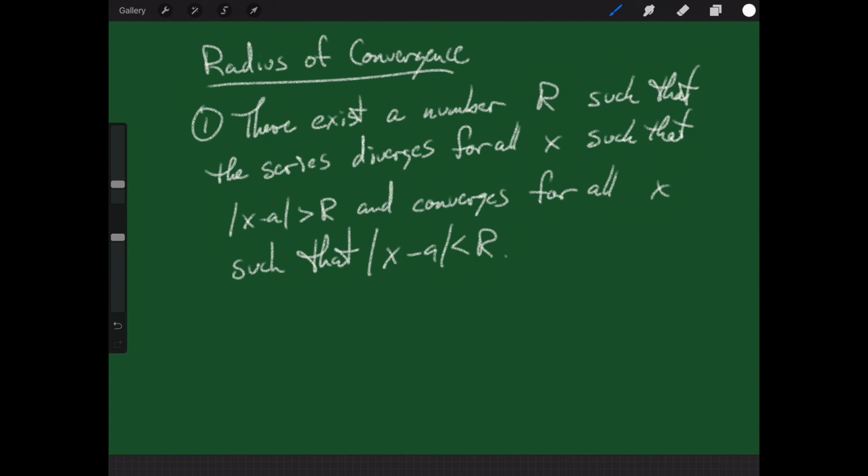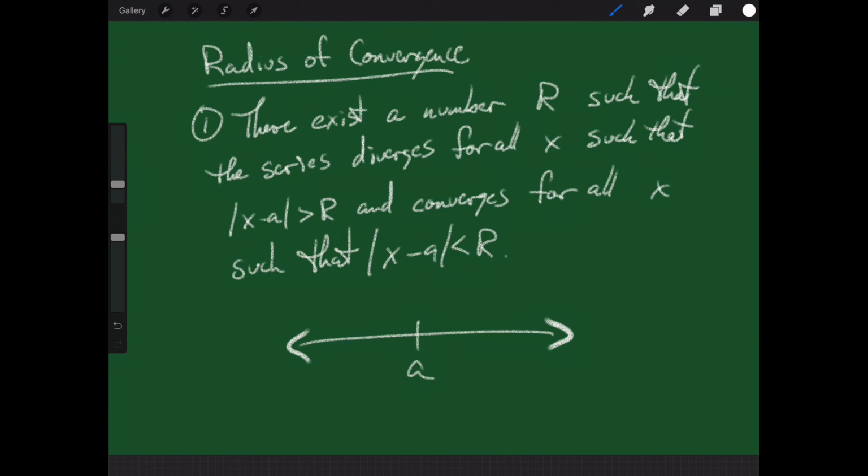And what we're saying is if you're within some radius of the center, so remember we talked about the center of a power series, that it can either be centered at 0 or it can be centered at a. And this is saying if you're within some distance from the center. So let's just draw a little real line, and we'll put the center in here. This is a.